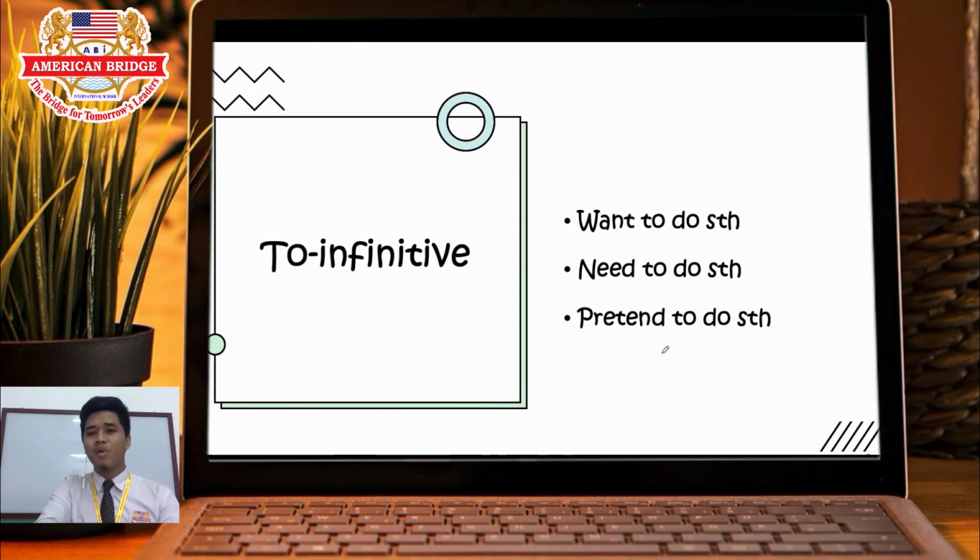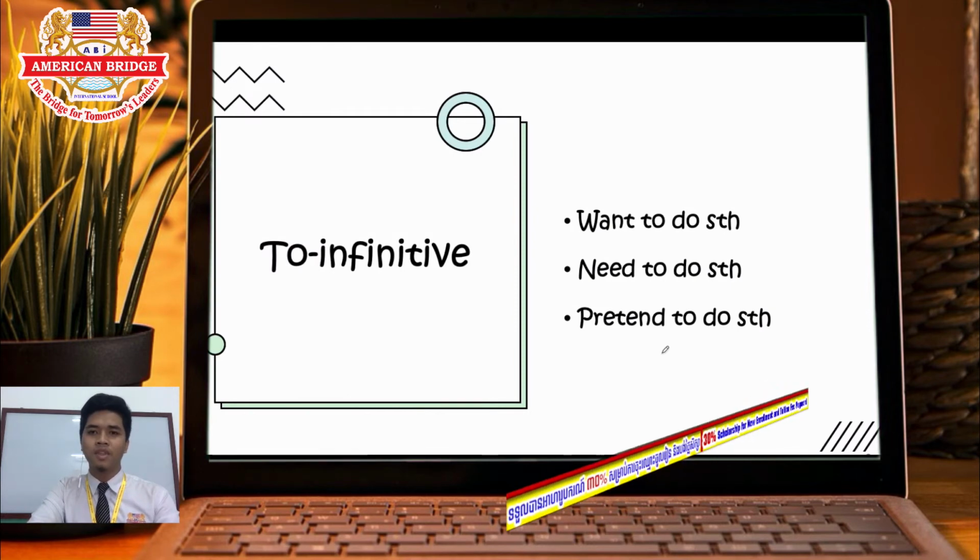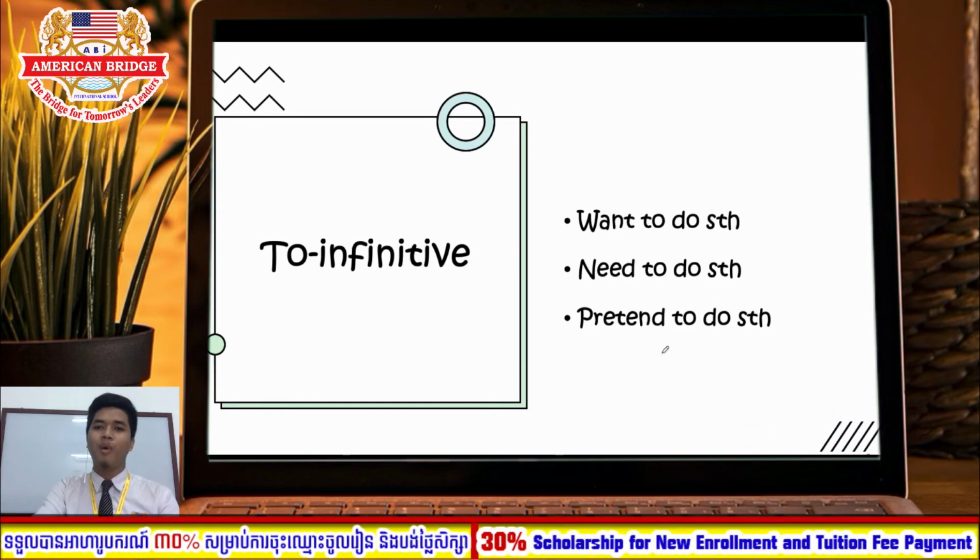So when we talk about to infinitive, how you use to infinitive correctly, the key point is about the verb. So make sure you know the verb properly. What verbs you can use with to infinitive and what verbs you should use with gerund.